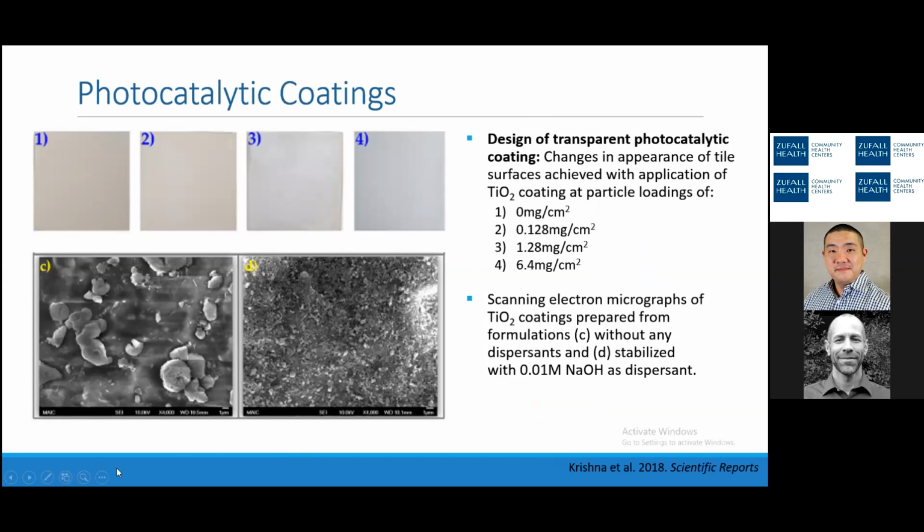These coatings, because they are so thin, are essentially transparent, and maybe you can see a little bit of a whitish effect if you apply a very high concentration. This is about 10 coatings worth. For medical and dental offices, you would put on 1 to 2 coats at most. So essentially it would be completely transparent on any surface.